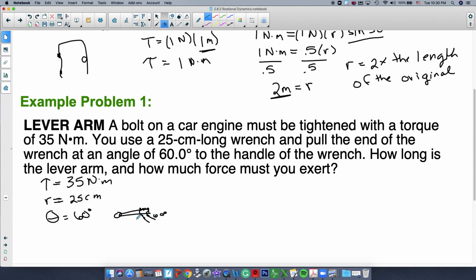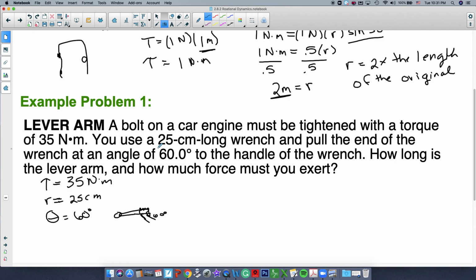Okay, so now you might be thinking, oh, well, I'm going to have to use 120 degrees to get 180. No, we're just going to use the 60 because that 60-degree angle here is what is reducing my lever arm. Okay, so this one's pretty simple. We're just going to use that 60, and we're looking for, it says how long is the lever arm and how much force must you exert?